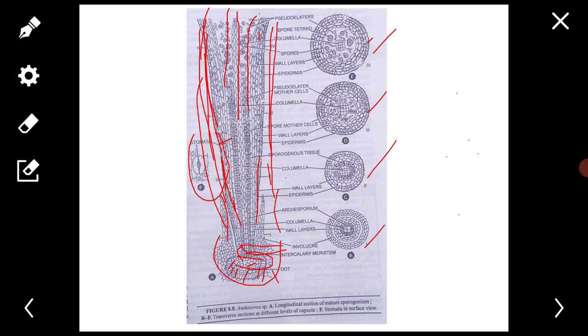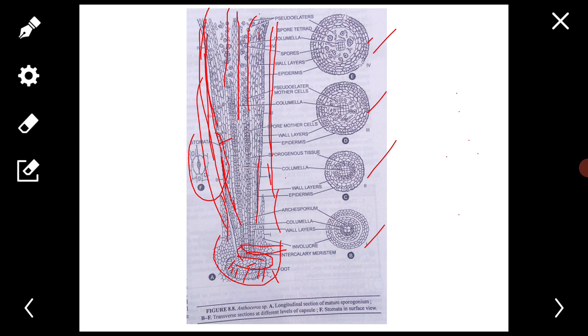The archisporium may remain single-layered throughout and differentiate into sporogenous tissue in some species, for example Anthoceros erectus, or may become two-layered sporogenous tissue as in case of most of the species. Rarely it may become 3 or 4 cells thick.